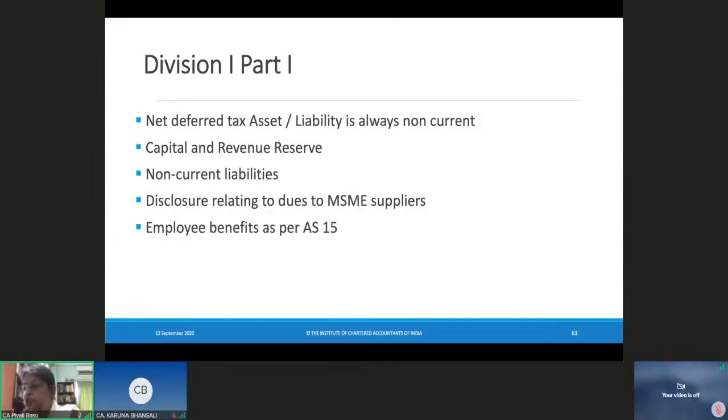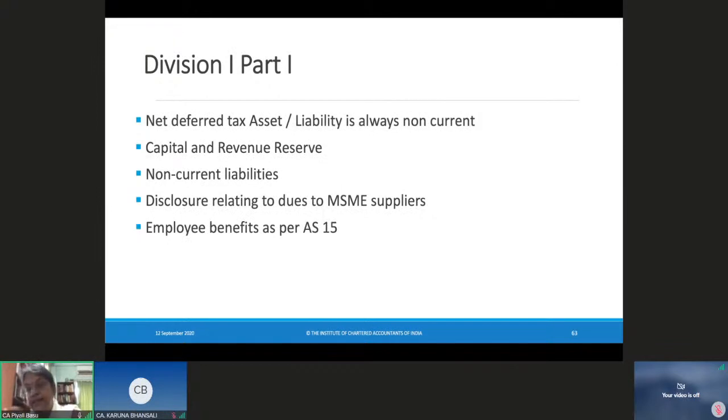Revaluation reserve: an asset has been revalued, and the extra value that has come out because of the valuation has to be kept as a revaluation reserve. And share options outstanding amount has to be kept separately also.